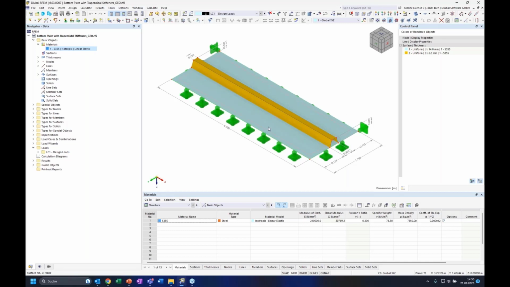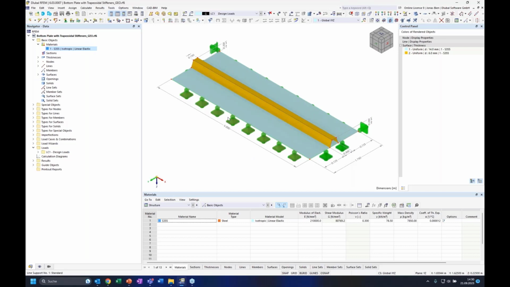The stiffened plate is supported at all four edges by line supports in Z direction. And then to stabilize it, or to avoid rigid movement in the XY global plane, I added two nodal supports here in the corners without over-constraining the model.